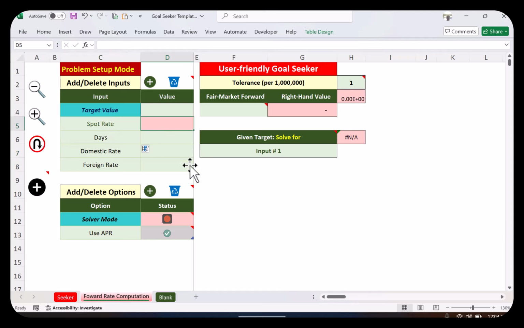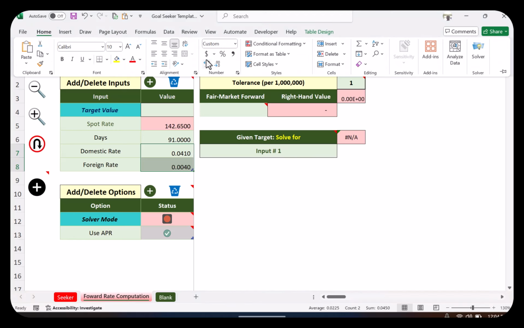So let's enter our spot rates, 142.65, 91 days. Domestic rate is, of course, I'm going to change the format of these things. Why? Because I like it that way.